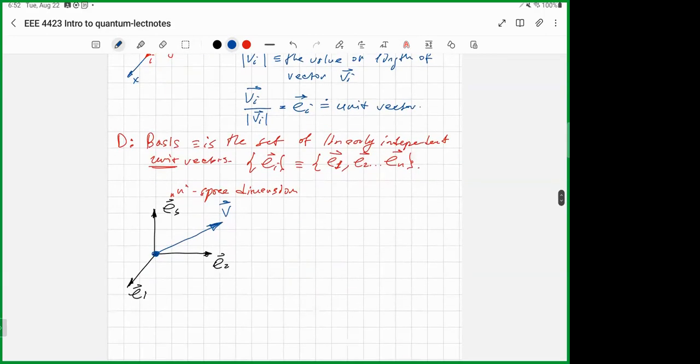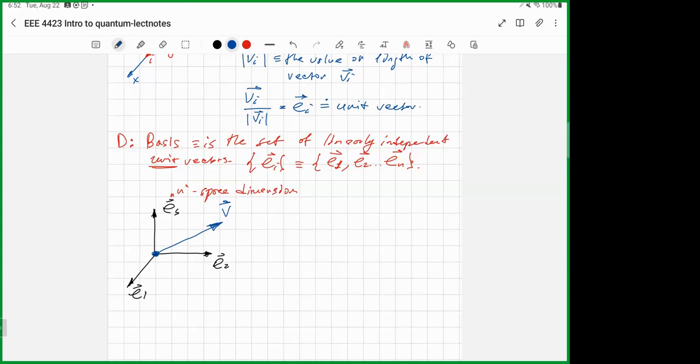And this is exactly what we do in quantum. In quantum, as we will discuss in what follows, we have a quantum system. The state of a quantum system is represented by a vector, like this V vector here.